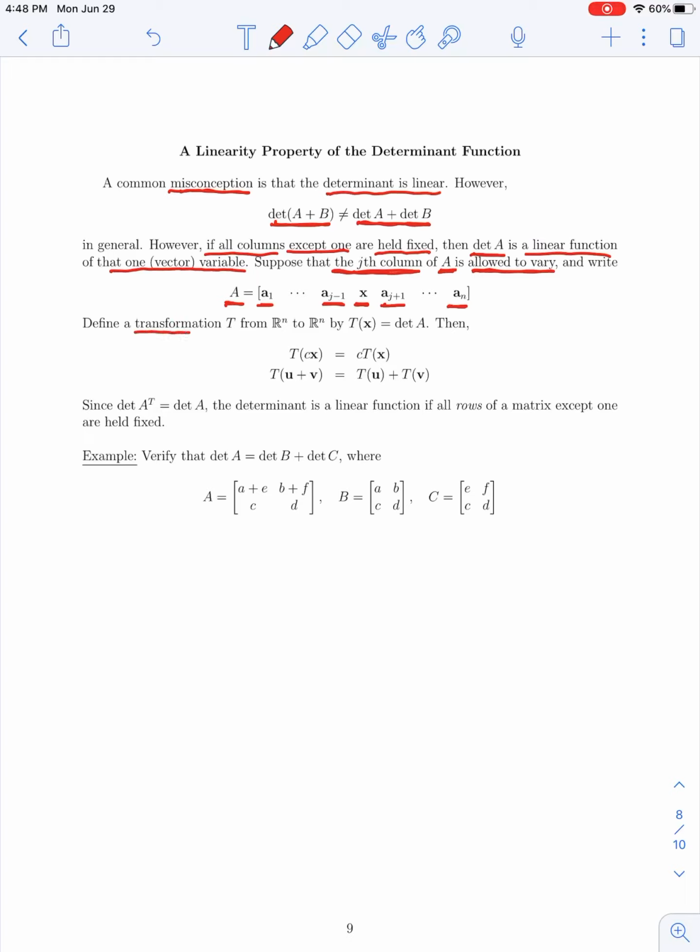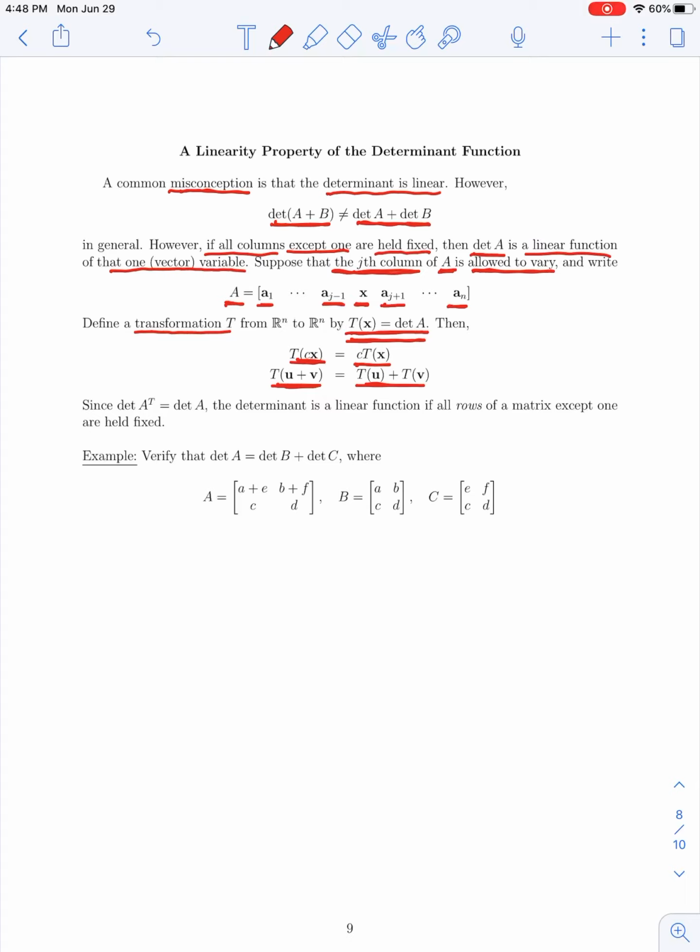So if we define a transformation T from Rn to Rn by T of x is the determinant of this matrix A, then it satisfies the following properties. T of c times x is c times T of x, and T of u plus v is the sum of T of u and T of v. So that is, this transformation is linear, acting on that vector x, which is the single column of our matrix being allowed to vary.